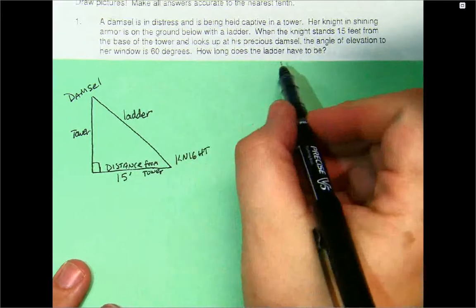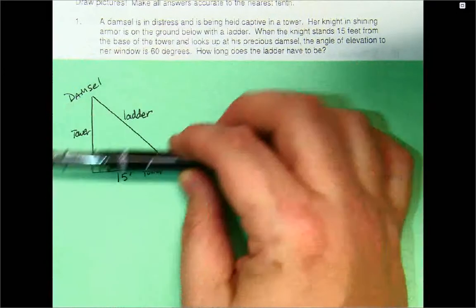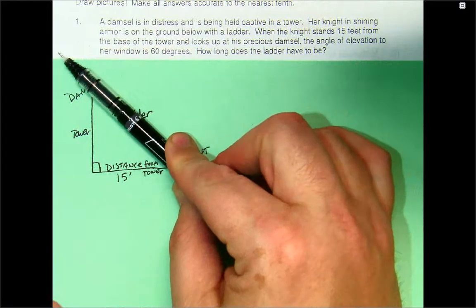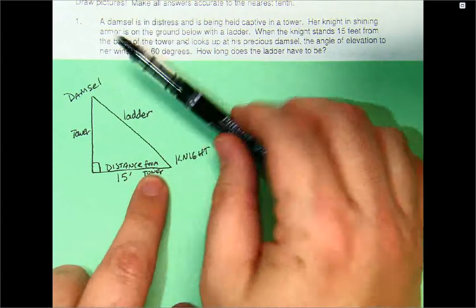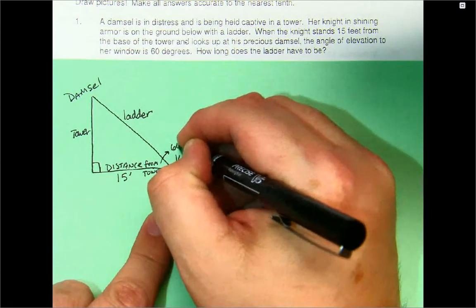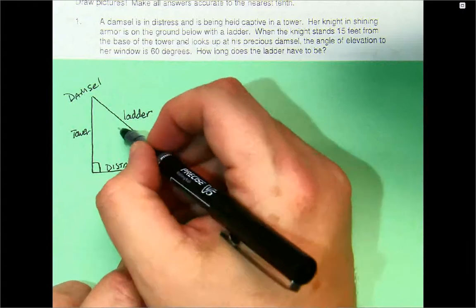Well, it says the elevation to the window. So, if we elevate to the window, the angle is actually going to end up right down here. So that's 60 degrees. And I need to figure out what my ladder is. So that's x.